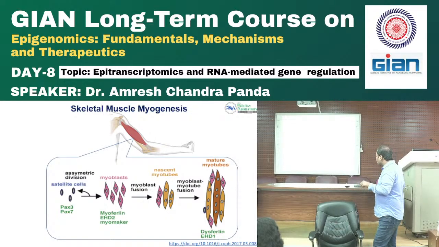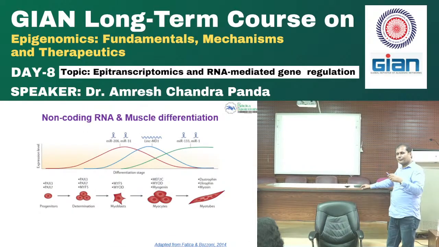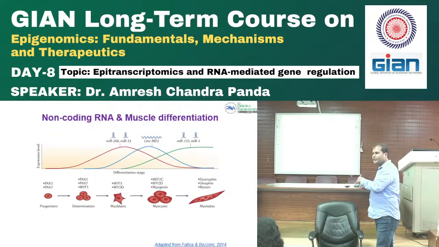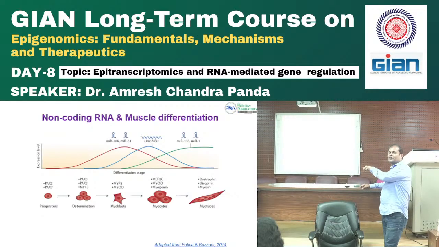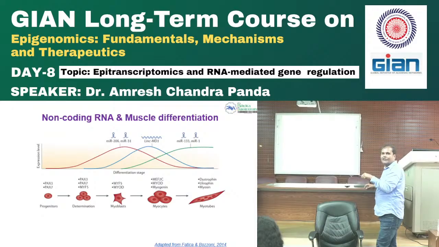And there are, as I said, transcription factors, and some of these transcription factors have been reported to be regulated by microRNAs. So if the microRNAs are upregulated or downregulated, they can change the expression pattern of the transcription factors which are involved in myogenesis. That's how they can regulate the myogenesis process. Okay.